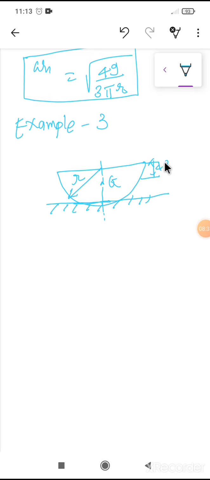Okay, so this we need to remember, it will not be given in each and every question. So we need to find the natural frequency of the given system.